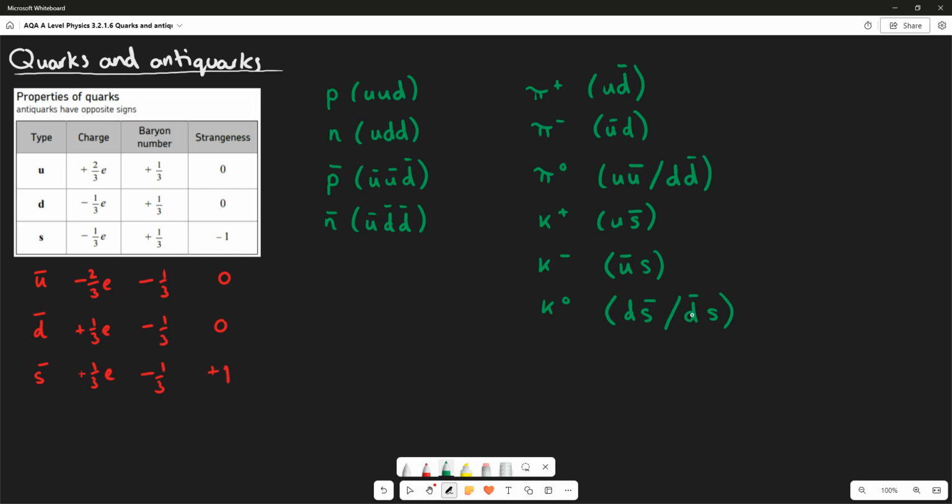You should remember that the kaon decays into pions. This kaon up here decays into the positive and the neutral pion. The negative kaon decays into the negative pion and a neutral, and the neutral kaon decays into lots of different things.